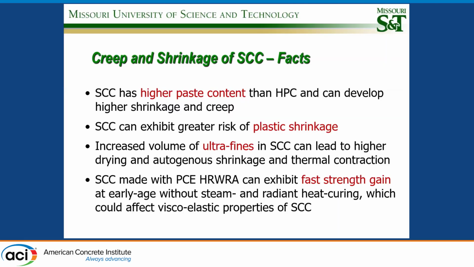So when you look at these bullet points, you see that when we are working with SCC, we are in trouble when it comes to shrinkage and creep, because SCC by design has a higher paste content and has a lot of fines, ultra fines, less than 125 micron, to promote better workability and rheology.